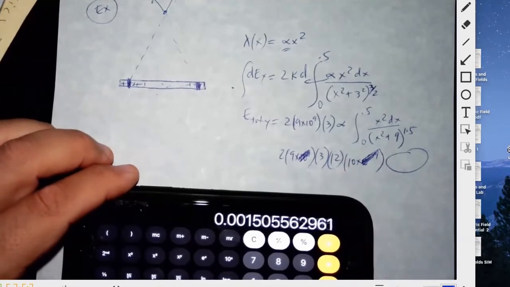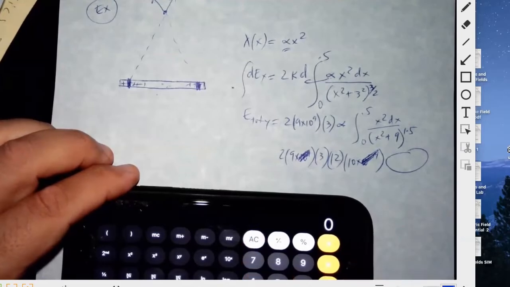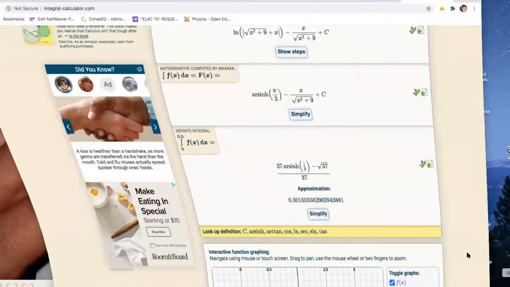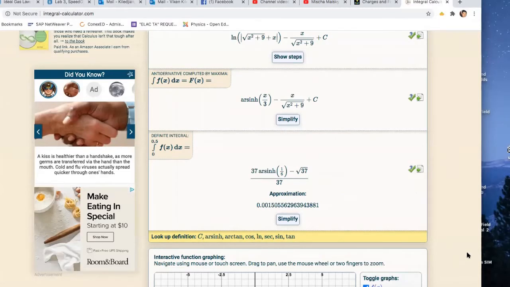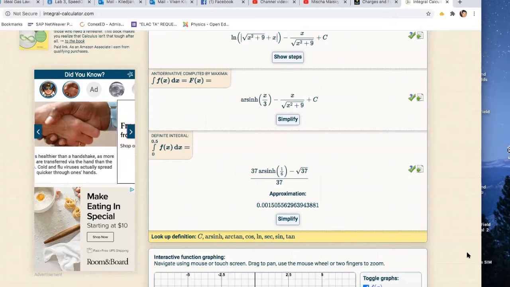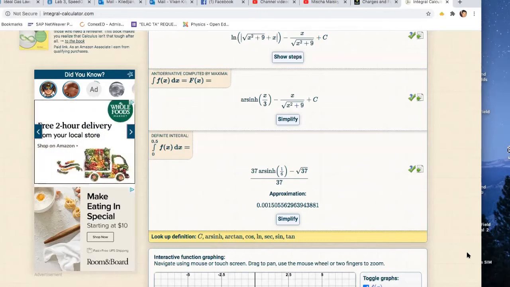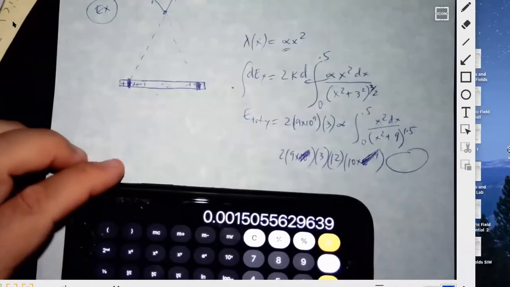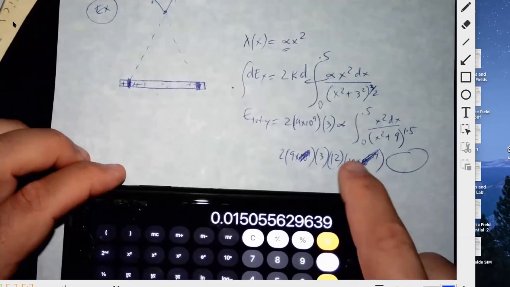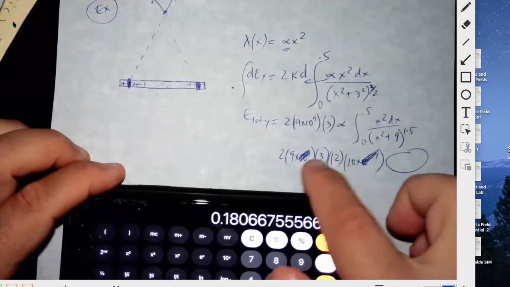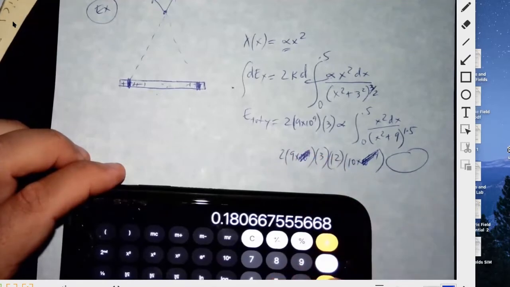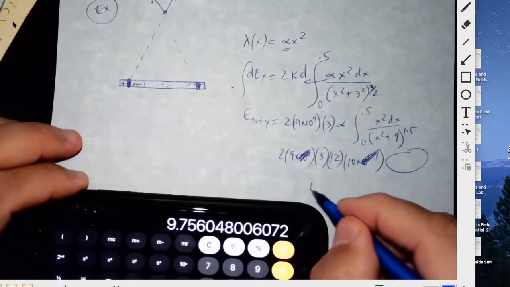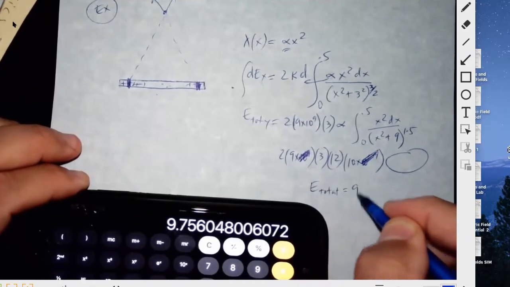Then I multiply it by 10 times 12 times 6 times 9. 9.76.